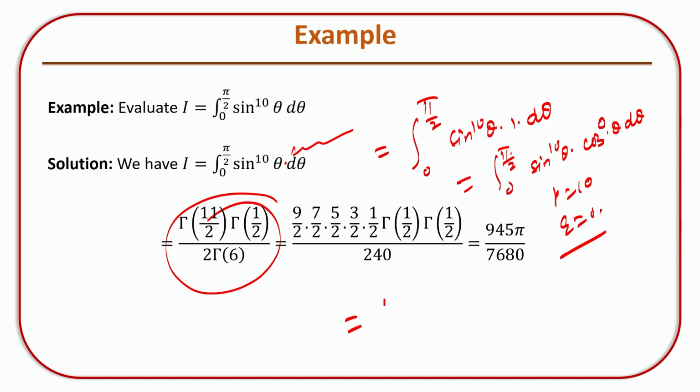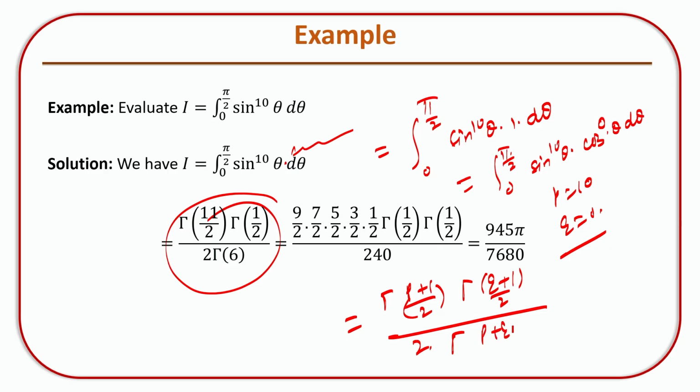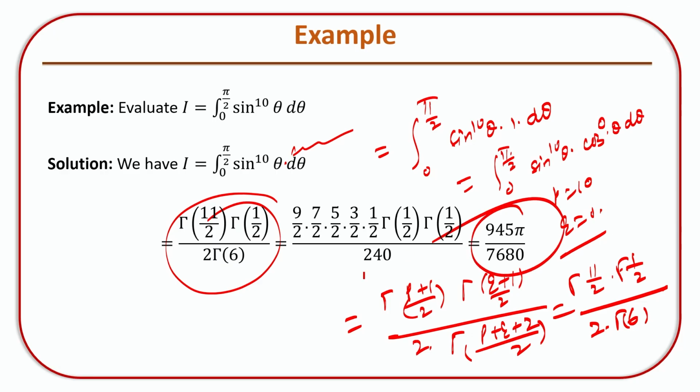You can evaluate gamma((p+1)/2) into gamma((q+1)/2) divided by 2 into gamma((p+q+2)/2), right? That will give you gamma 11 by 2 into gamma 1 by 2 divided by 2 into gamma 6. And what will be the answer? The answer is 945 pi divided by 7680.